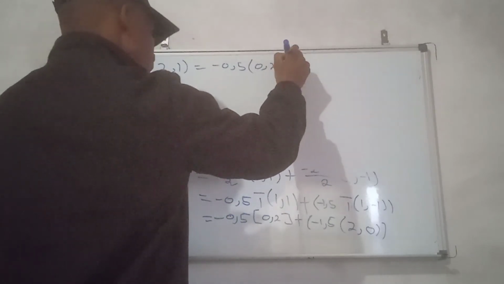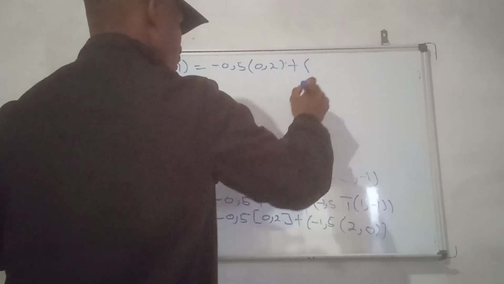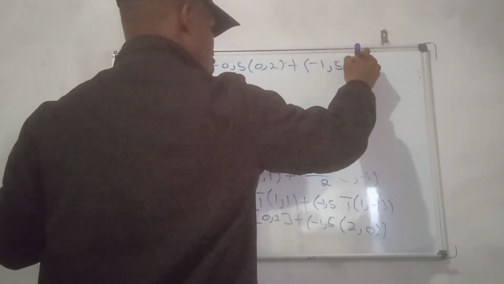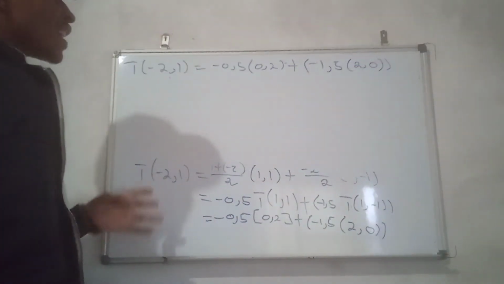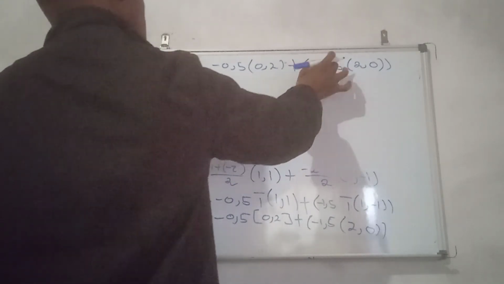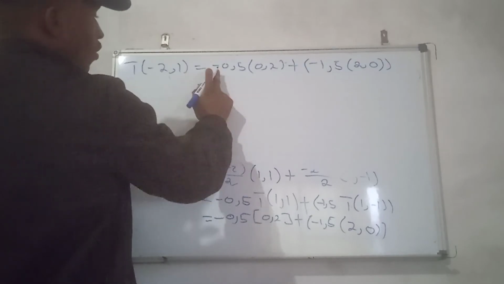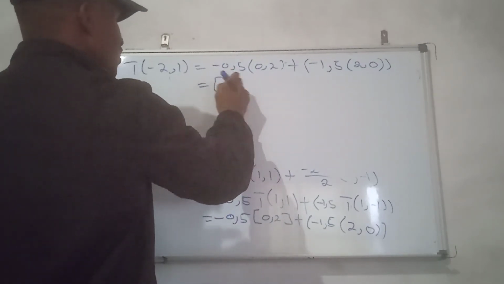(0,2), minus, oh sorry, plus minus 3 over 2, (2,0). According to our formula, guys, we must add. Always, never multiply this and this one. This negative must be in the brackets. So when we multiply this and this one, we just get 0.